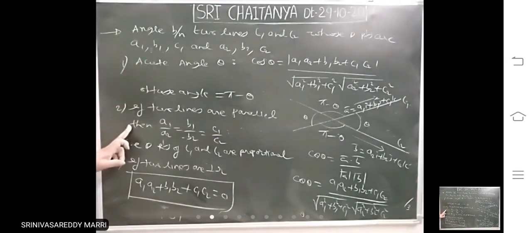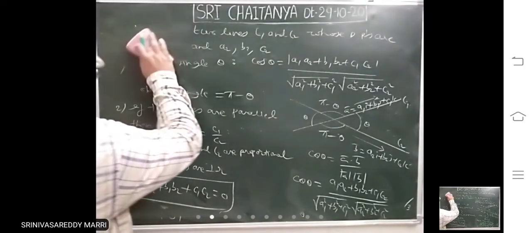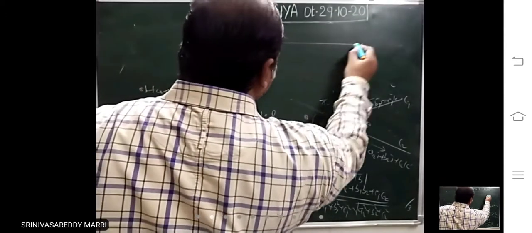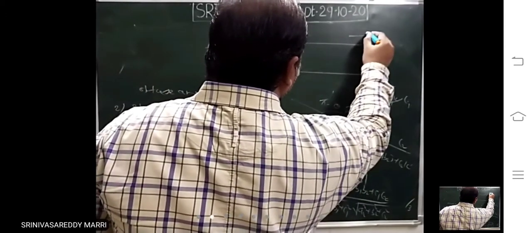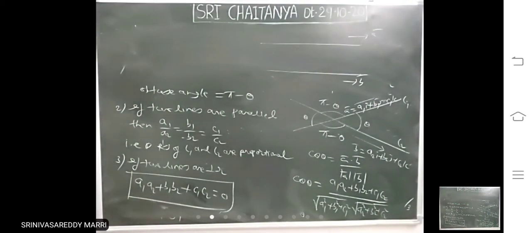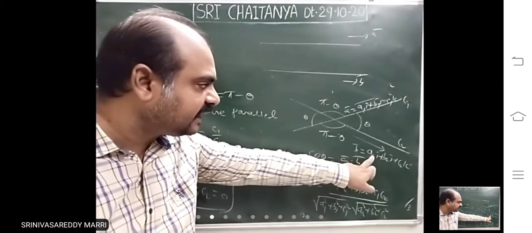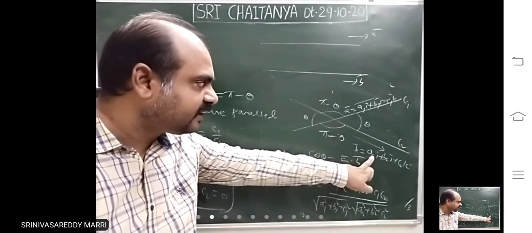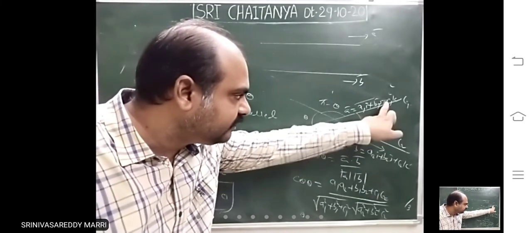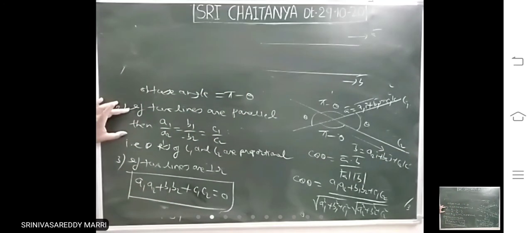Now look at the second condition: two lines are parallel. If these two lines are parallel, then A bar and B bar are parallel, and the vector condition is collinearity: A1 by A2 equals B1 by B2 equals C1 by C2. Parallel means those vectors will be collinear.